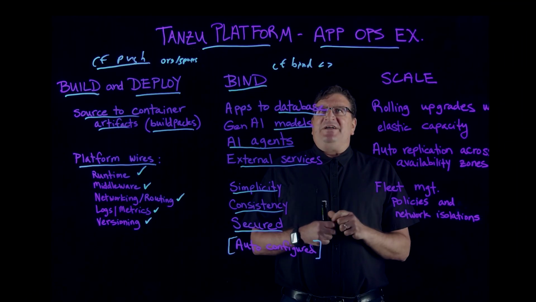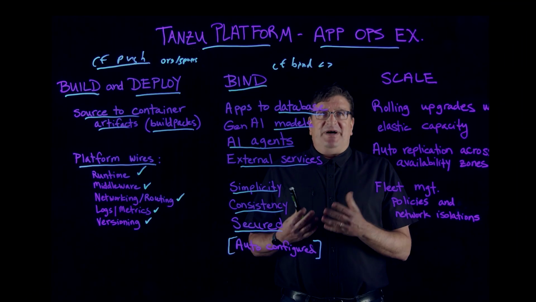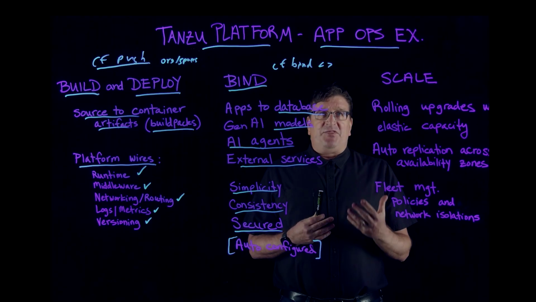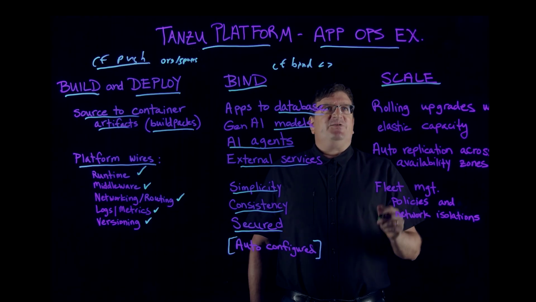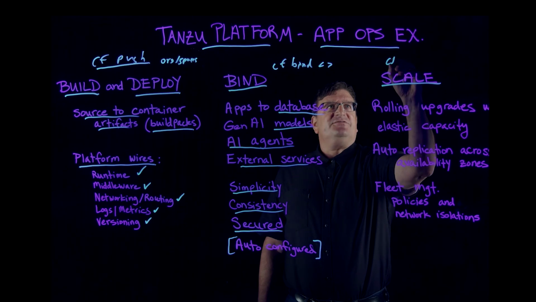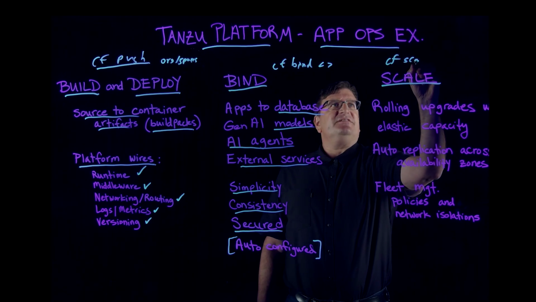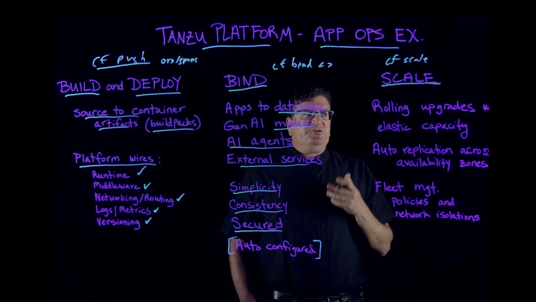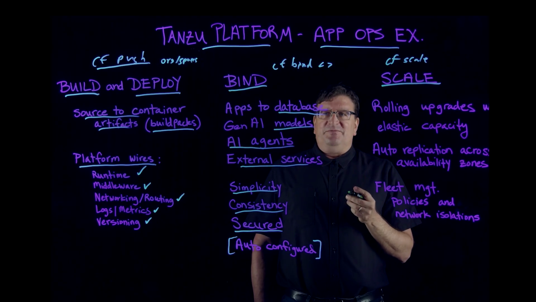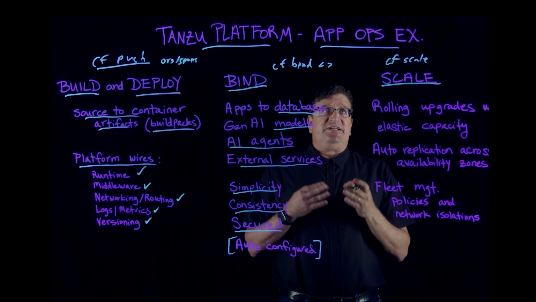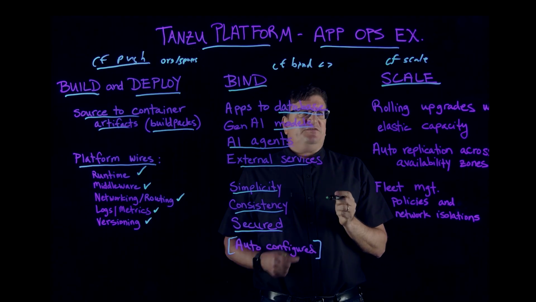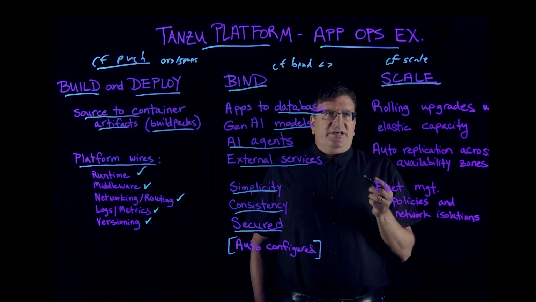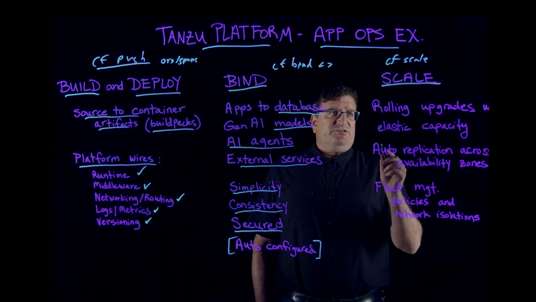OK, so once your app is deployed and it's bound to services, now it's time to think about day two. How do I scale? Guess what? There is a command for that too, cf scale. Now, what we're doing here is allowing the platform teams and the application team, working together, to achieve scaling of the application across different infrastructure environments.